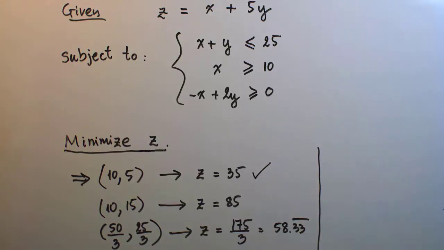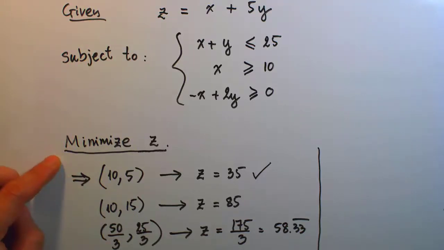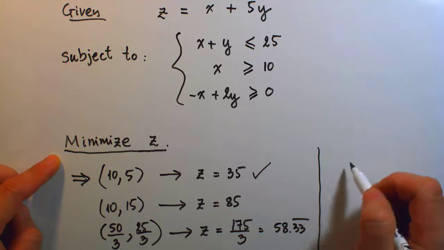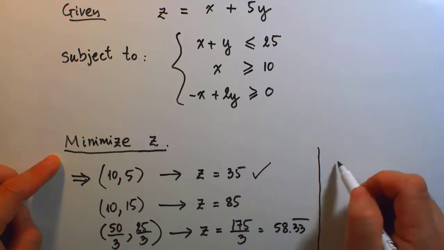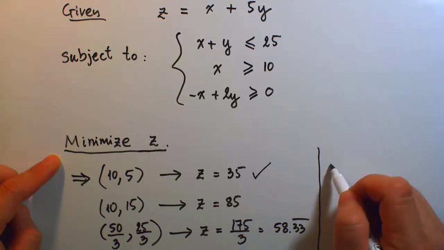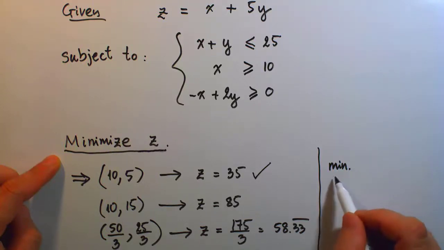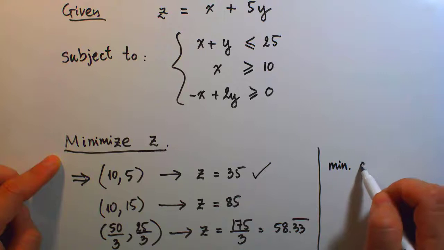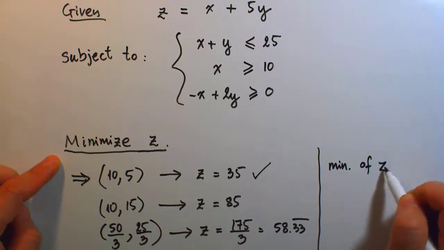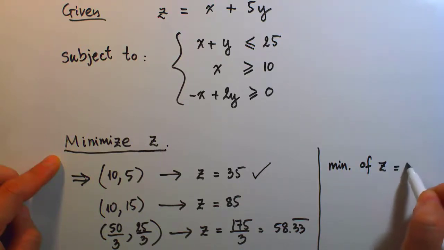And so once we have finished with our feasible region previously and found all the corner points, the work to minimize z is now simply concluded as we're going to have the minimum value. Allow me to use the shorthand min: the minimum value of z is indeed equal to 35.